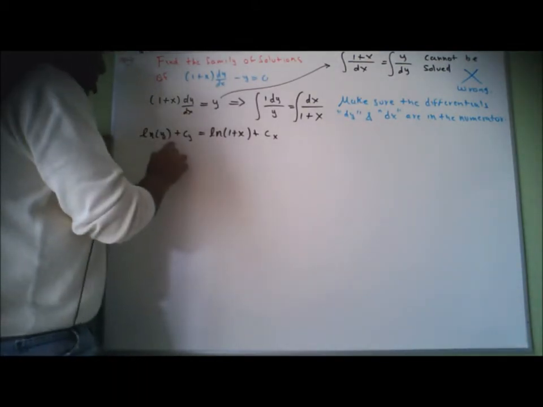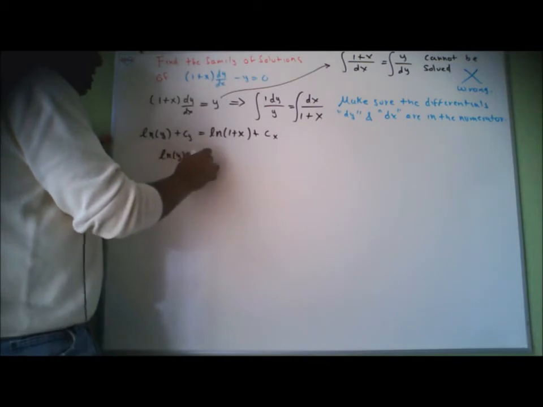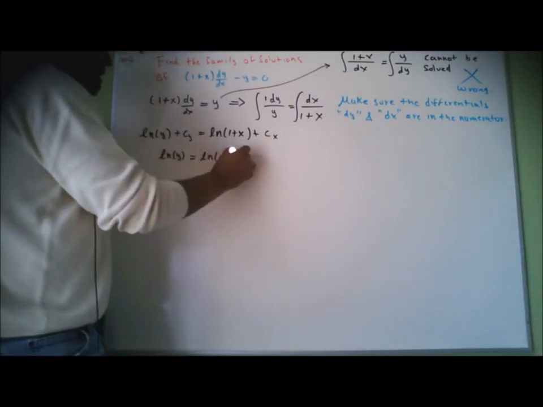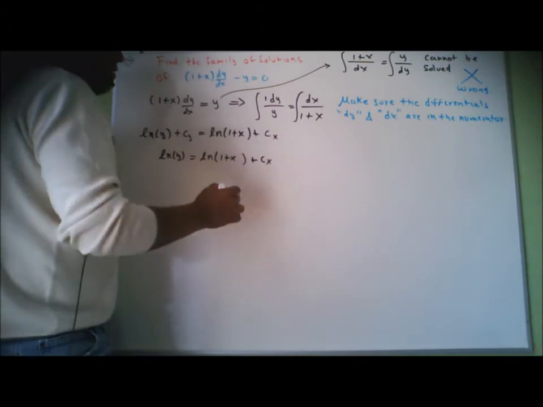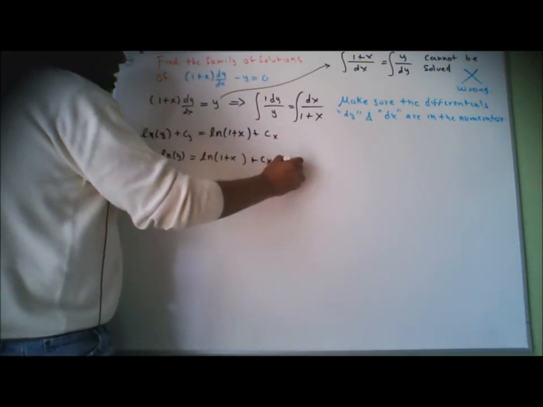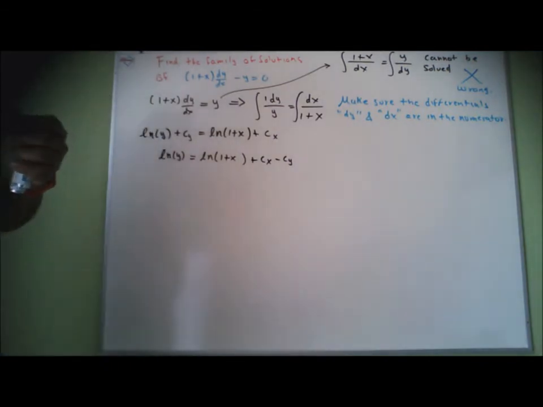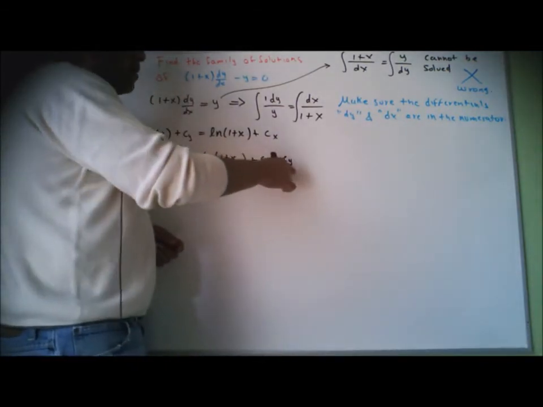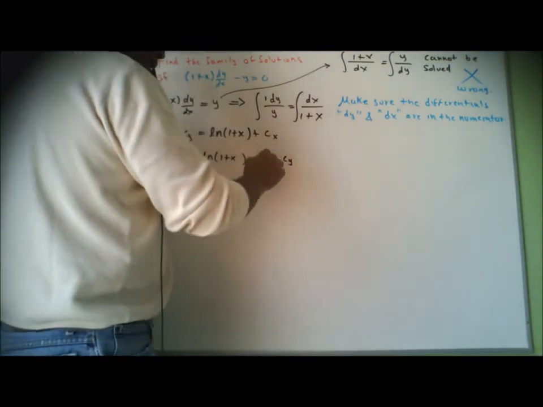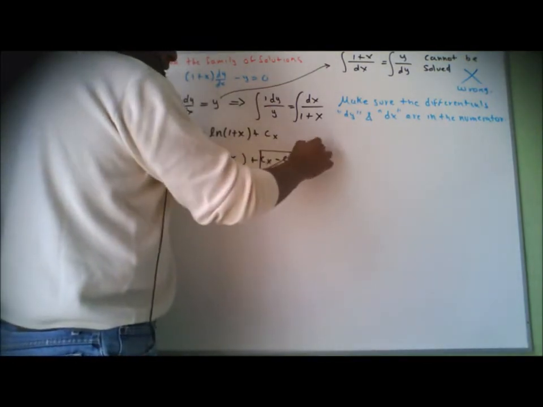So the natural logarithm of y equal to the natural logarithm of 1 plus x. If you pass this to the other side, it's going to be plus the constant of the integral of x minus the constant of the integral of y. There is no need to write two constants, because this constant minus another constant is just a single constant.